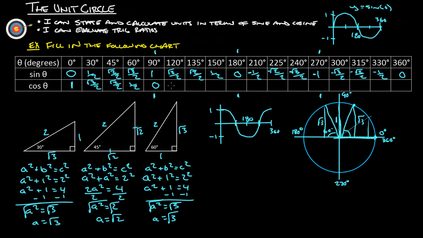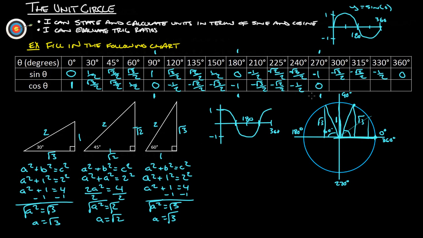So we copy this over here, negative 1/2, negative root 2 over 2, negative root 3 over 2, and then this 1 gets copied down over here, but it's negative. And then we copy that straight across. It's still negative over here, negative root 3 over 2, negative root 2 over 2, negative 1/2. And then we copy down this 0 here, and now we're coming back up to the positive side.